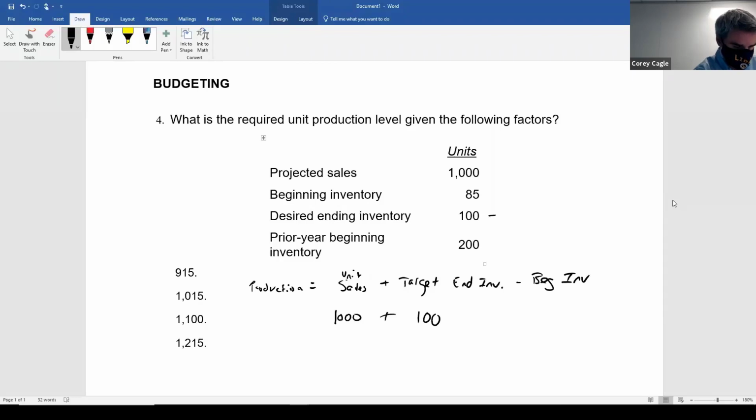That's neither here nor there. Beginning inventory this year is 85. So we want 1,000 units being sold. We want to produce enough to meet that. We want enough produced to have 100 units on hand, but we already got 85 from the beginning, so we just need to bump up our inventory by another 15 to meet our ending inventory limits, right? So all in all, we need 1,050 units.